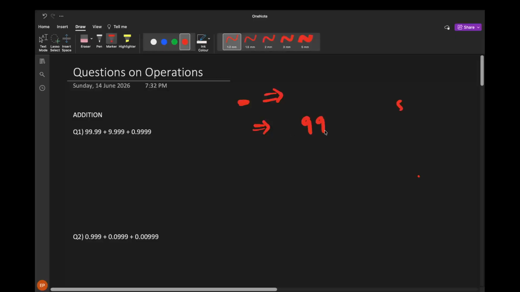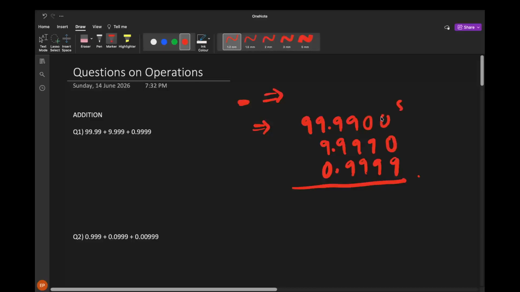So 99.99, 9.999, both decimals should come in the same alignment, then 0.9999, so we can add easily now. If nothing is there on the right-hand side we can add zeros, and on the left-hand side too, no problem. The value doesn't change.